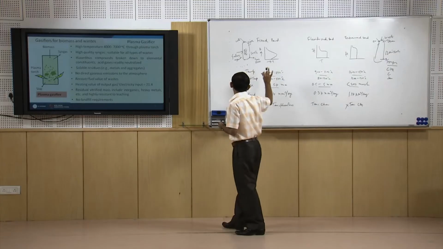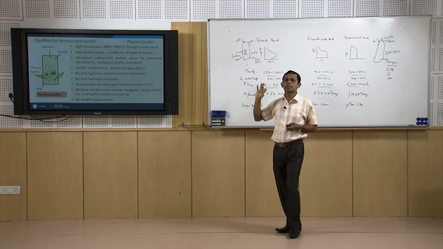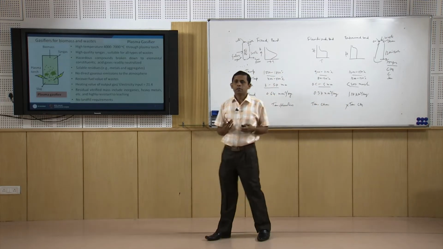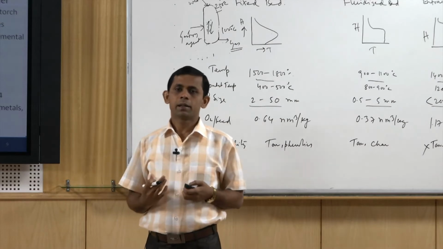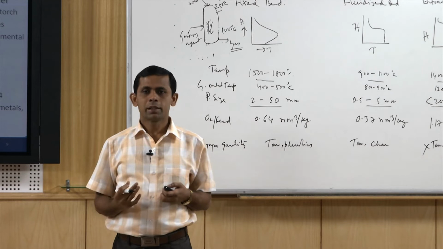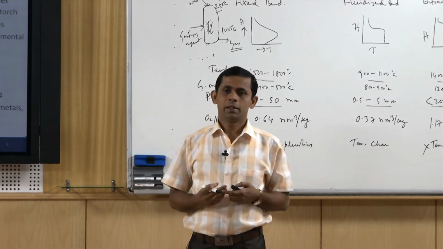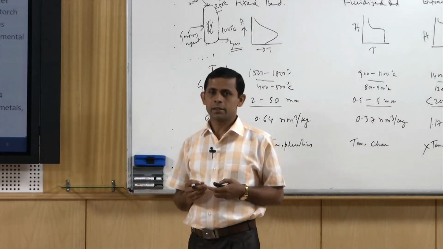These are three conventional gasifiers which were developed on the concept of coal gasification. Later on, a new type of gasifier was developed for the gasification of biomass and waste, particularly those portions of the solid waste that are hazardous in nature.